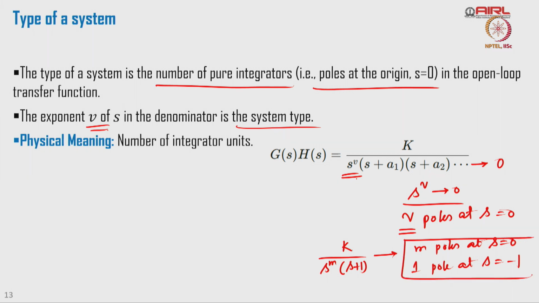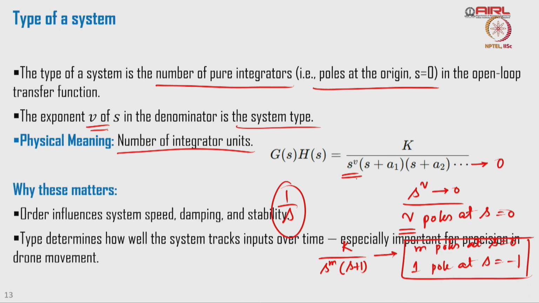So, this is the definition of type of a system. It shows the number of integrator units. 1 by s is denoted as one integrator in the system. I will be covering that topic.